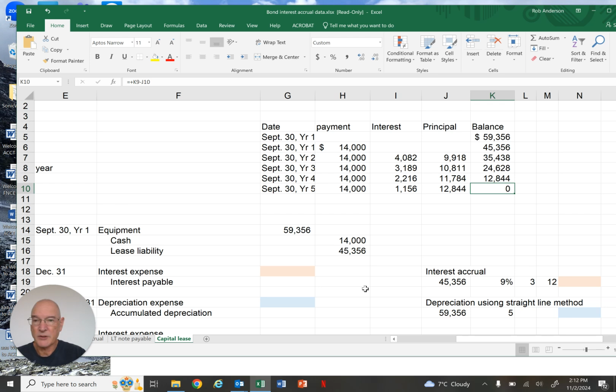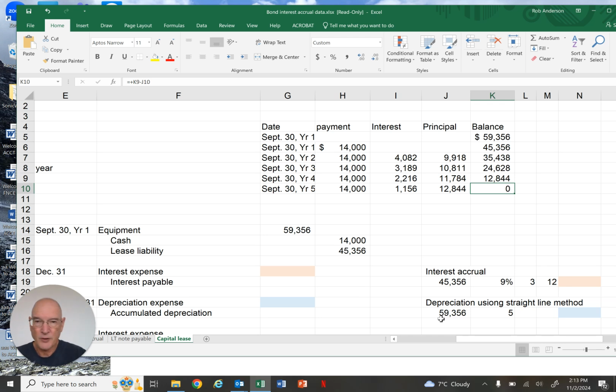The first thing we do is say this is a capital lease, or if it were IFRS, it would be a finance lease. And what did we get? Remember that a capital lease is basically saying this is the same as if we had bought it. So we're going to have to put this on our balance sheet as a long-term asset, and charge depreciation expense just like we would if we had purchased it.